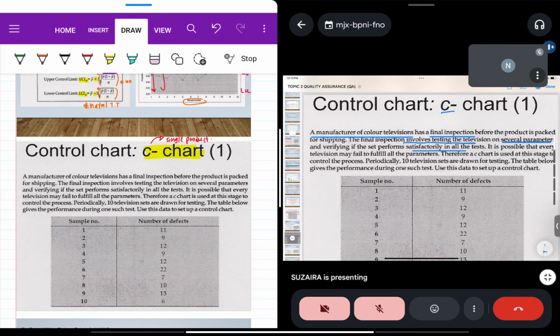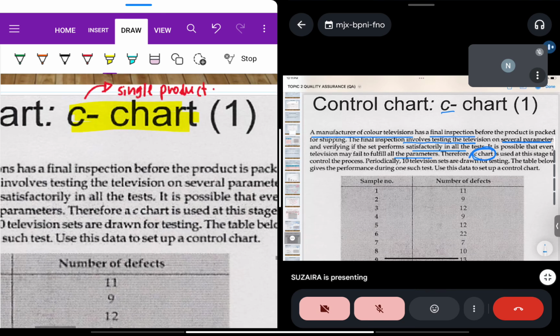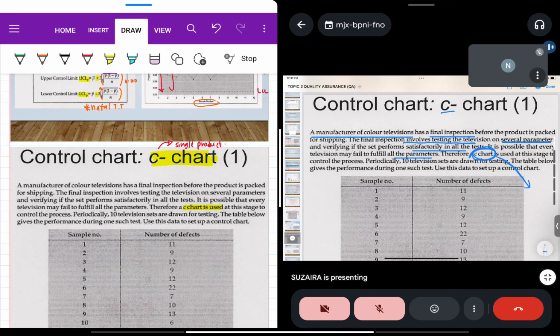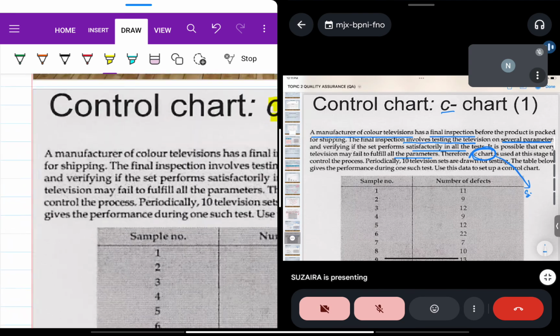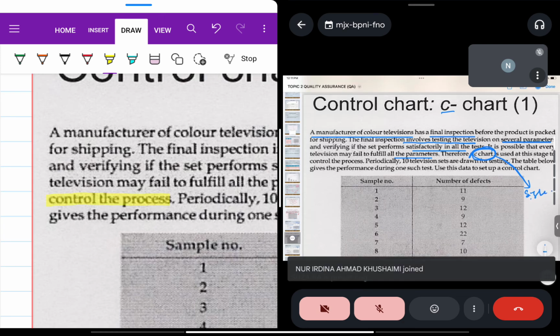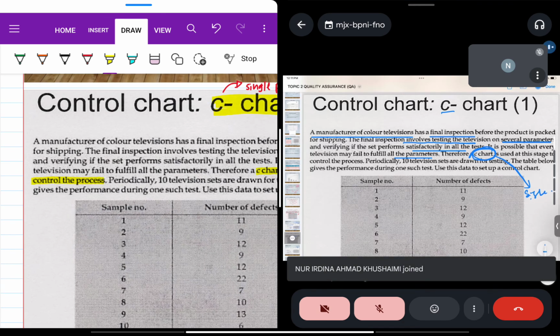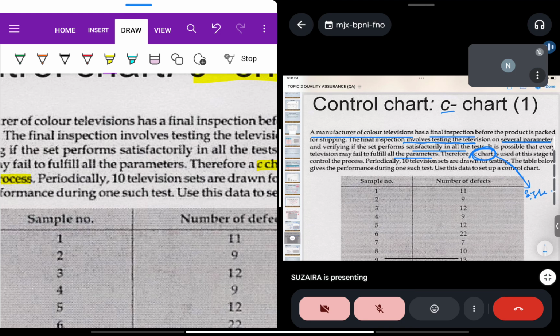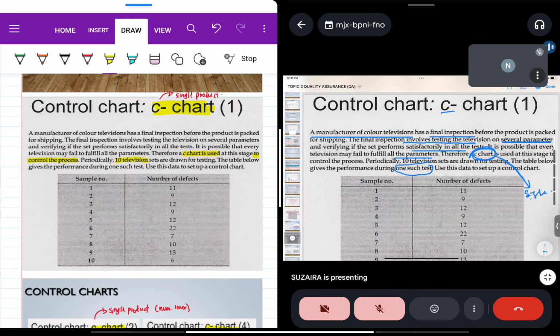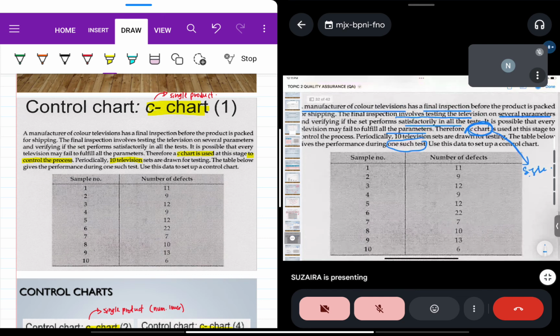It is possible that every television may fail to fulfill all the parameters. Therefore, a C chart is used at this stage to control the process, because the C chart, as I mentioned, is for the single product. Periodically 10 television sets are drawn for testing, and the table below gives the performance during one such test. For each of the samples, you have this data.